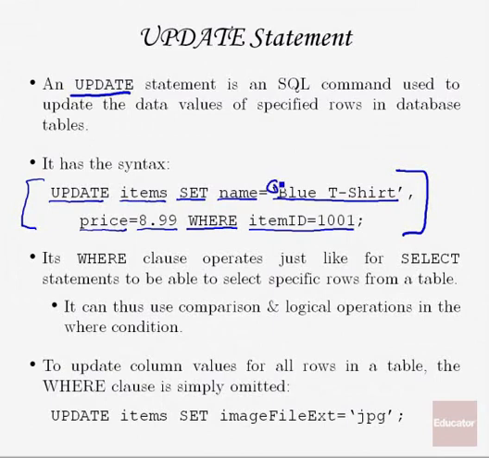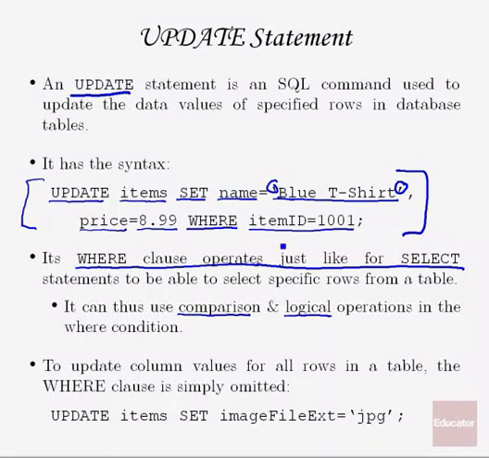Again, just to point out, notice that our strings are enclosed in single quotation marks. The WHERE clause operates just like for select statements, and also as we have done in our delete statements, so it can use comparison and logical operators. So you can actually update multiple rows at the same time in a database.